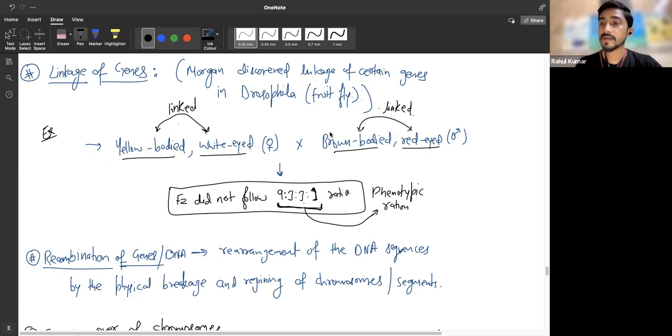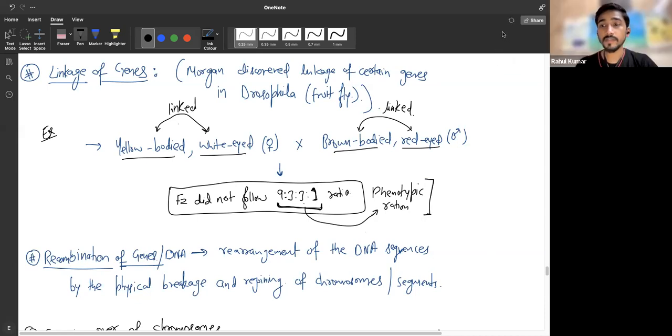These two genes are linked to each other, which means when you make a cross, in the F2 they do not follow the 9:3:3:1 ratio. This is the ratio that two genes normally follow according to Mendel's law of independent assortment, the dihybrid cross. Remember, everyone? 9:3:3:1.